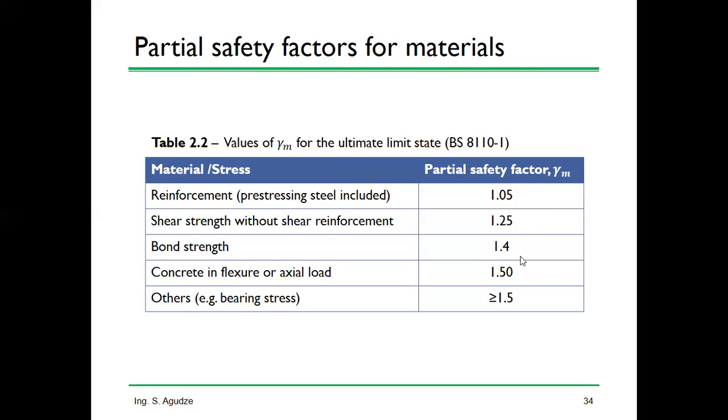Bond strength 1.4. Concrete in flexure or axial load 1.5. Other ones like bearing stress, they are all 1.5. So let's know that in terms of gamma M, the partial safety factor for materials, these are the values that are needed.